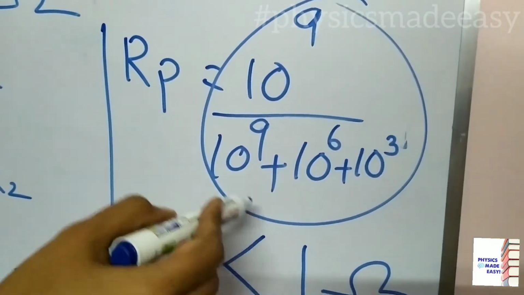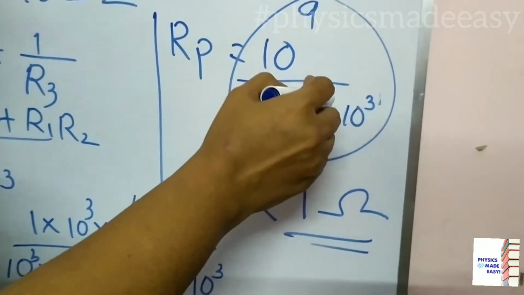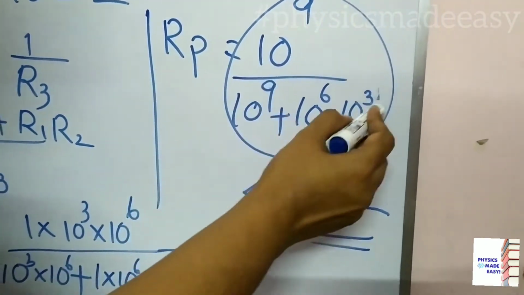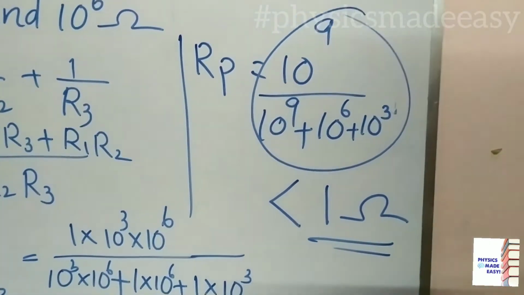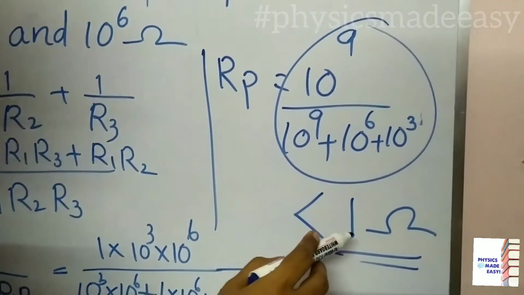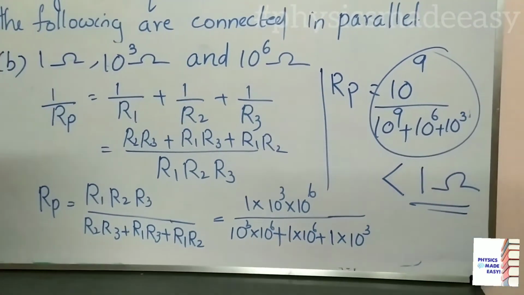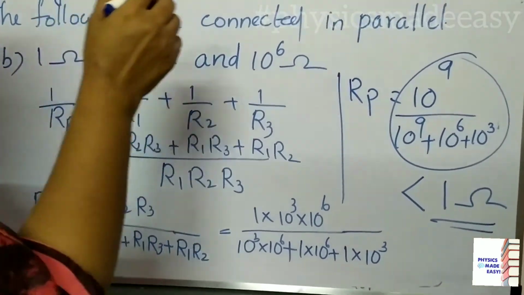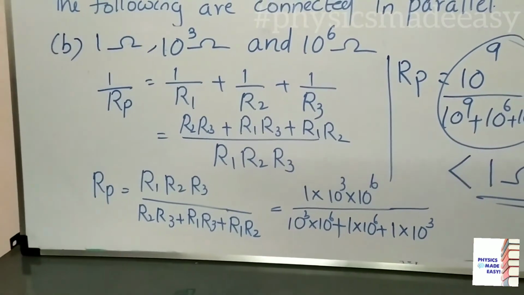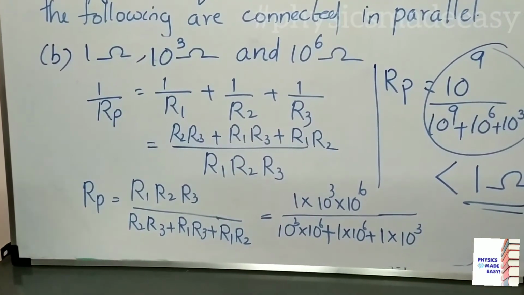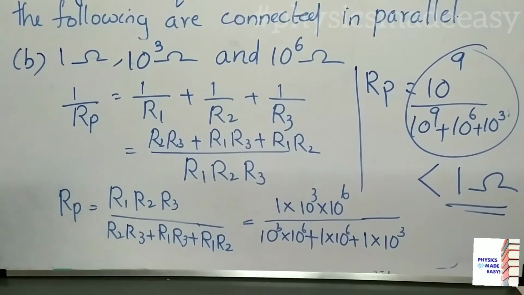But in the denominator you can see 10 raised to 9 there, then plus 10 raised to 6 plus 10 raised to 3. Then the denominator is more than the numerator. So, we can say the value will be less than 1 ohm. So, no need to do it this way. According to our theory also we can say for parallel combination the effective resistance will be less than the least value of resistances connected. So, here the resistance will be less than 1 ohm.